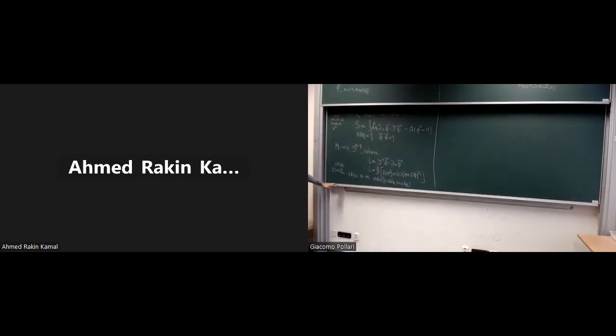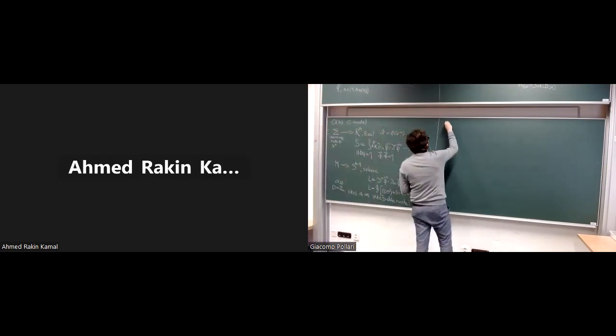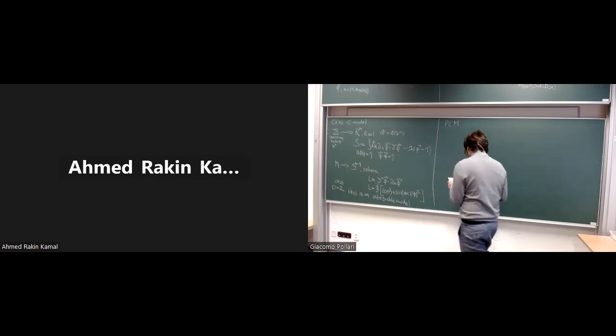It's also called the nonlinear classical sigma model. It's described by a Lagrangian, but then there's the meaning of the fields, which is the target space of the system. And another model is called the principal chiral model.